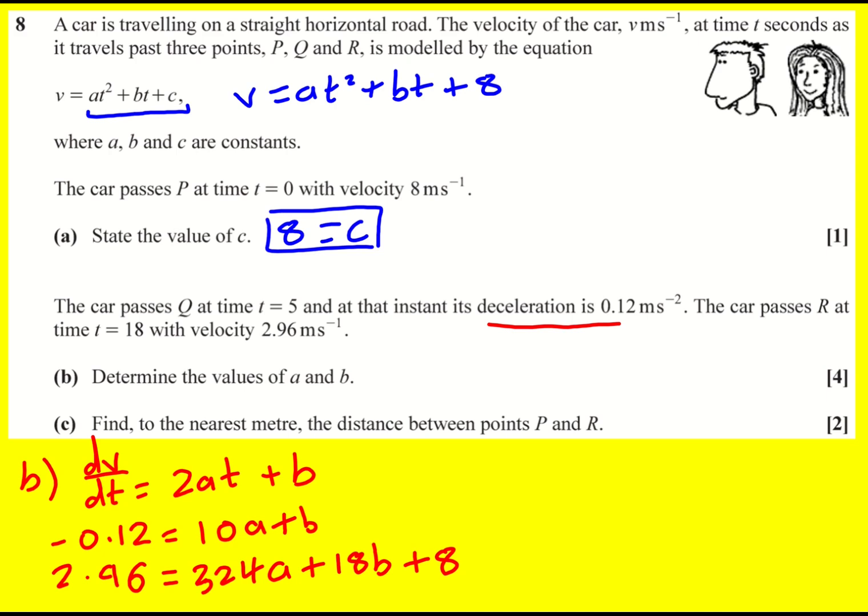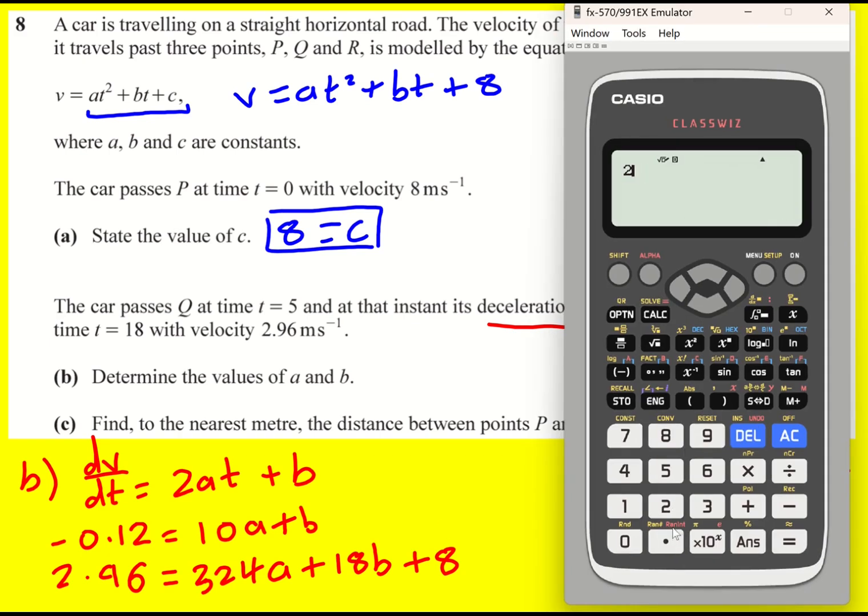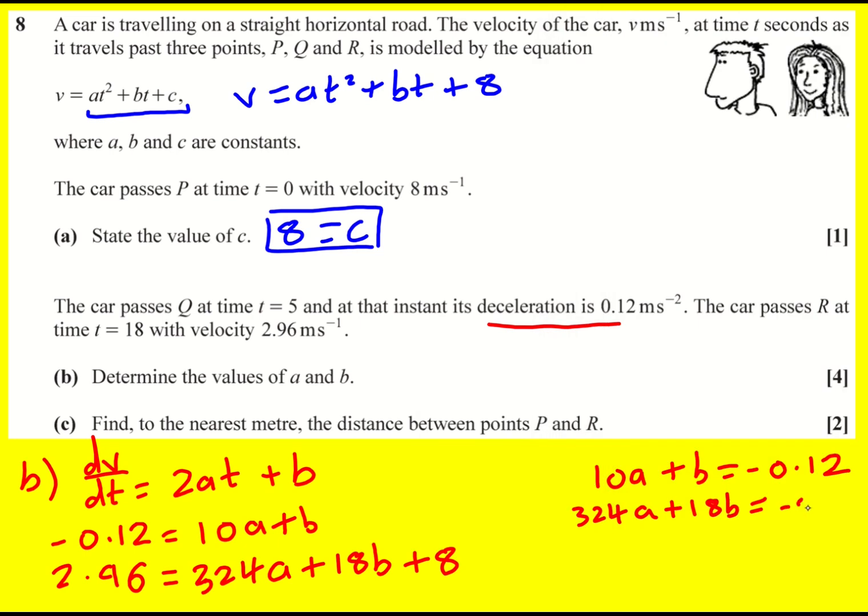Right, this is pretty well set up now, so I'm just going to write 10a plus b is minus 0.12. And then I'm going to do 2.96 minus 8, so minus 5.04.